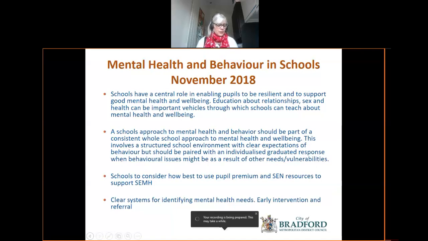Whilst it acknowledges that there needs to be a structured school environment with clear expectations around behaviour, this should be alongside a graduated response when behavioural issues might be as a result of other needs and vulnerabilities.